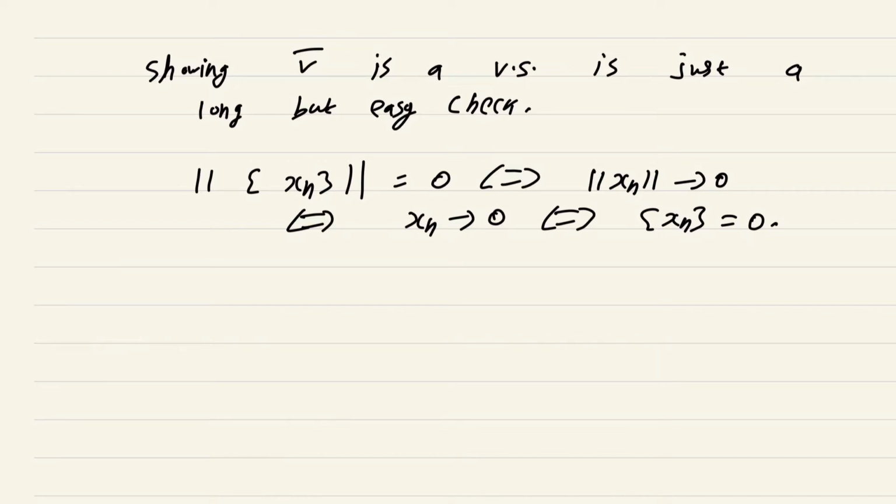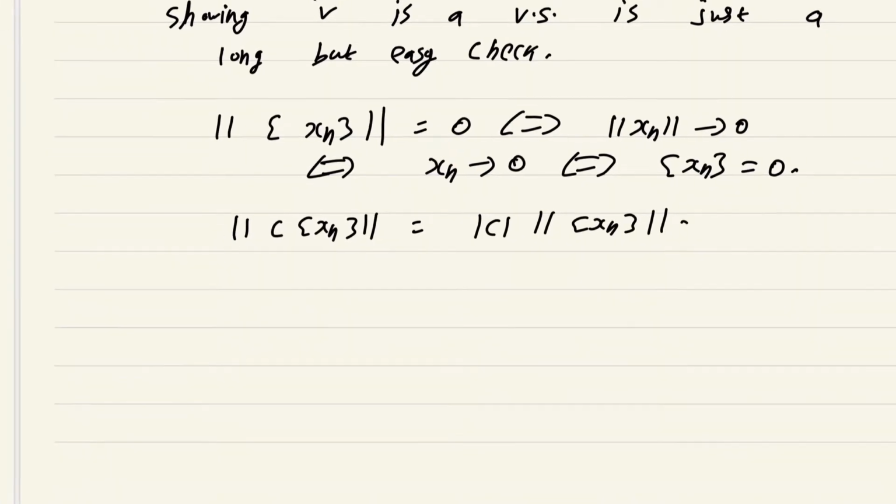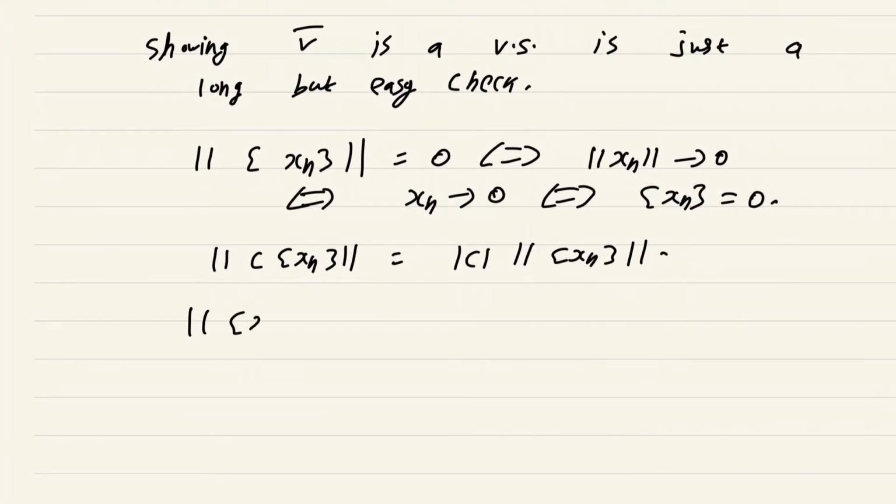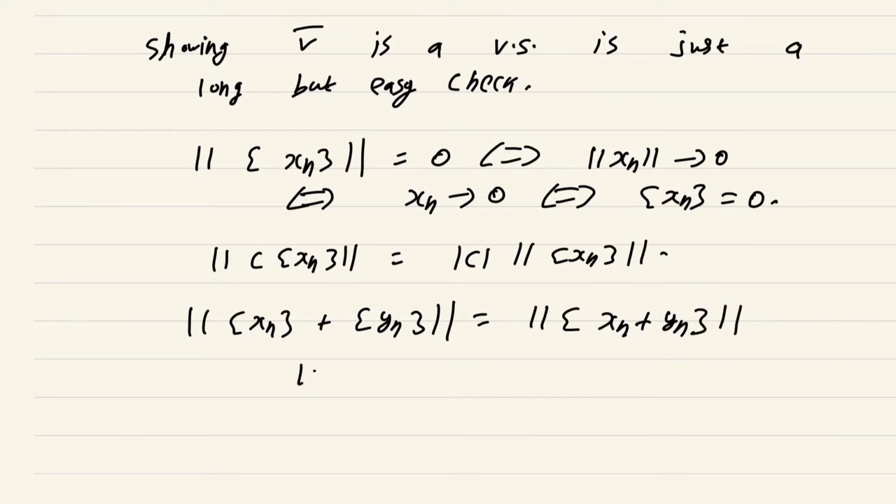Similarly, it's rather easy to show that the norm of c [xn] is equal to mod c times the norm of [xn]. This is an easy check. Now coming to the triangle inequality, we have to consider the norm of [xn] plus [yn]. But the operation means that this is nothing but the norm of [xn plus yn], which is the limit of norm xn plus yn.